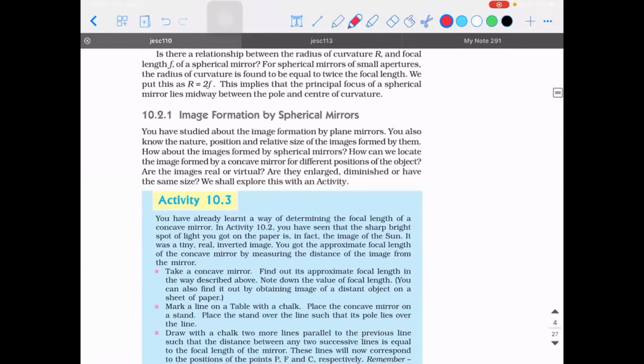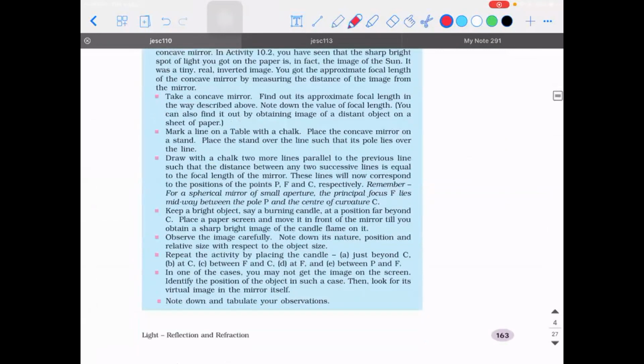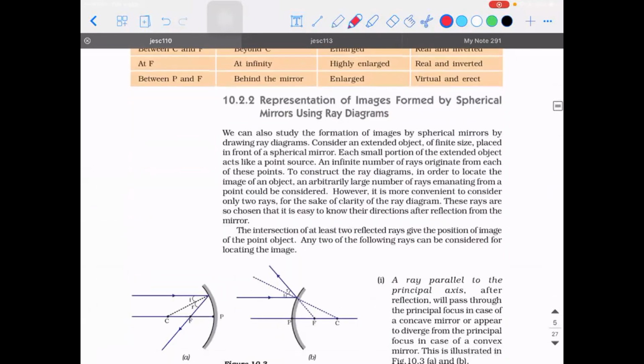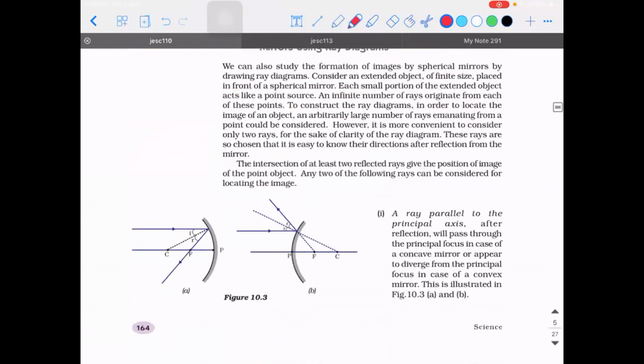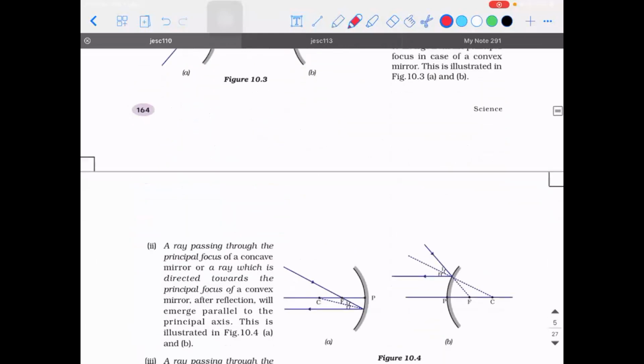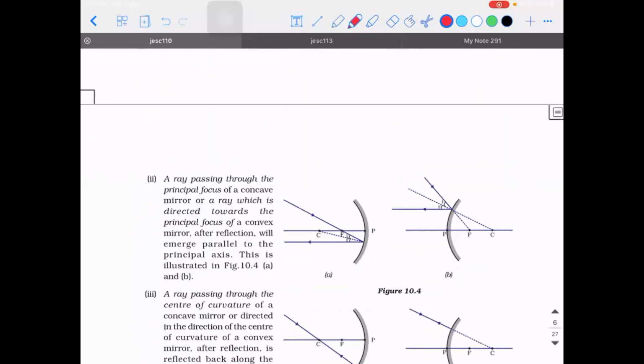Next, the image formation by spherical mirrors. So what are all the rules that are used? A ray parallel to the principal axis after reflection will pass through the principal focus. Second, a ray through the principal focus after reflection will pass parallel to the principal axis.